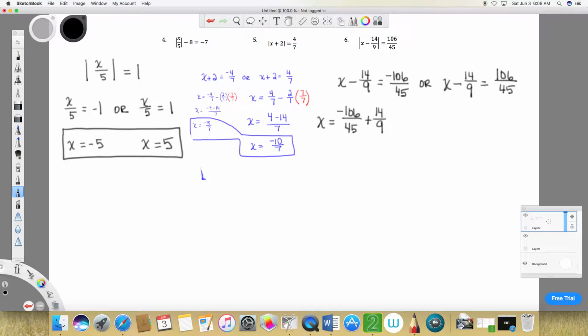So we're going to multiply this numerator by the number 1, but we're going to write 1 as 5 over 5 because 9 times 5 gives us 45 in the denominator, and that's what we want. So we've got negative 106 plus, what's 14 times 5? Is that 70? Over 45.